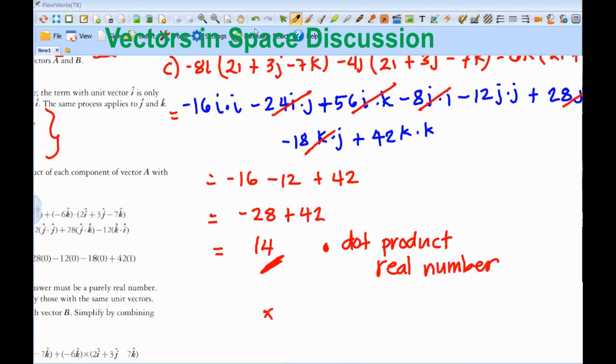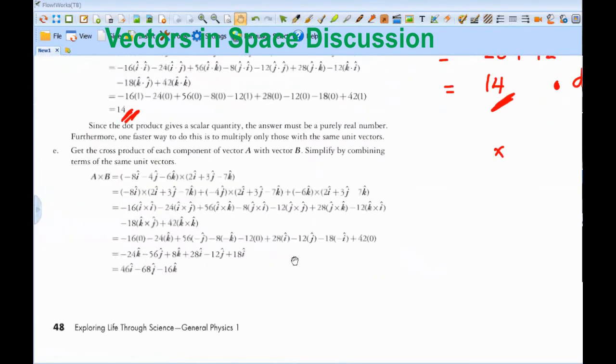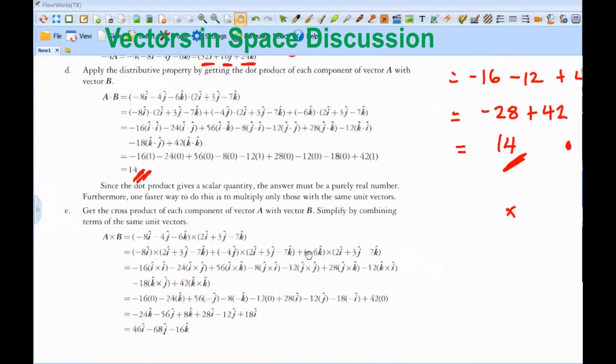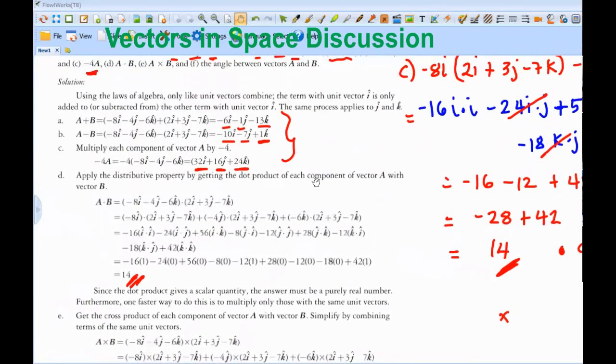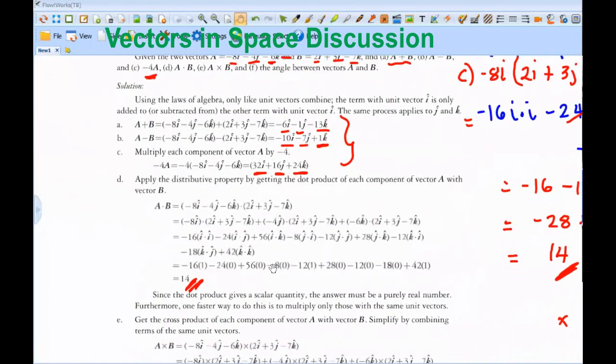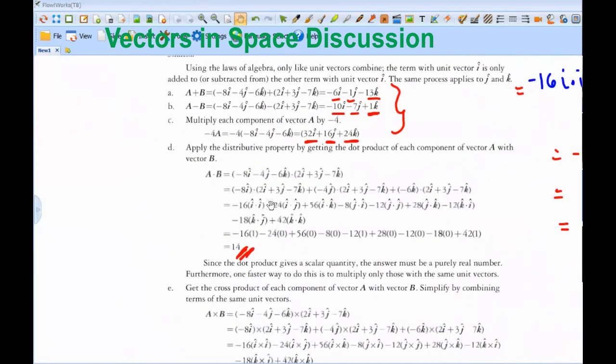Okay, so let us see letter D. Actually, it's the same method when you multiply. What did we use on C?